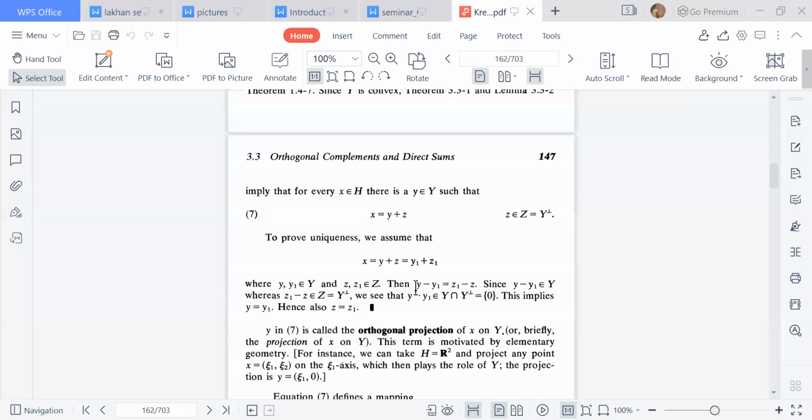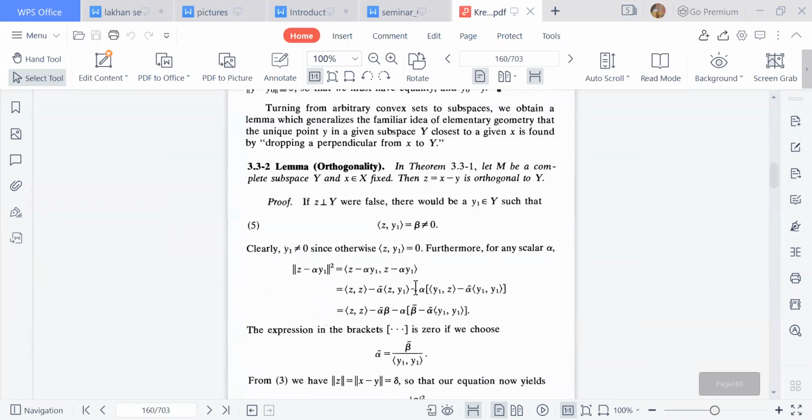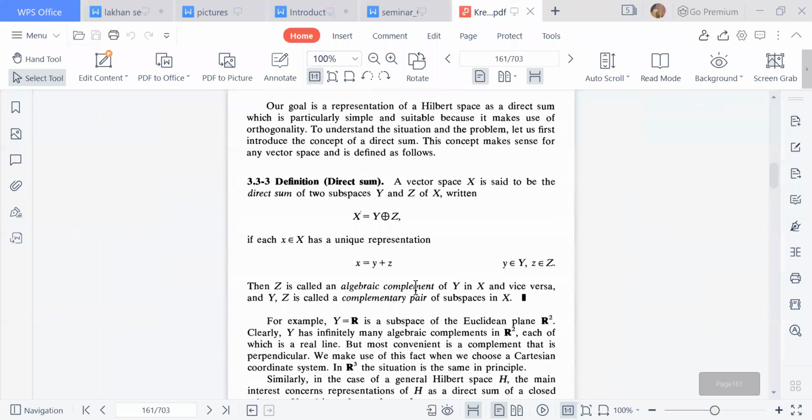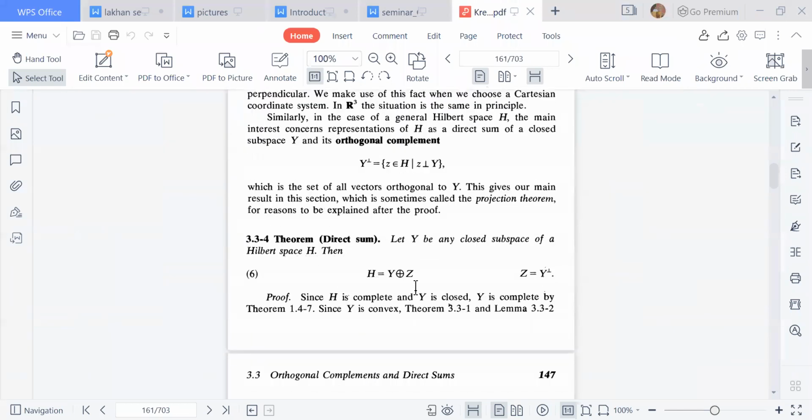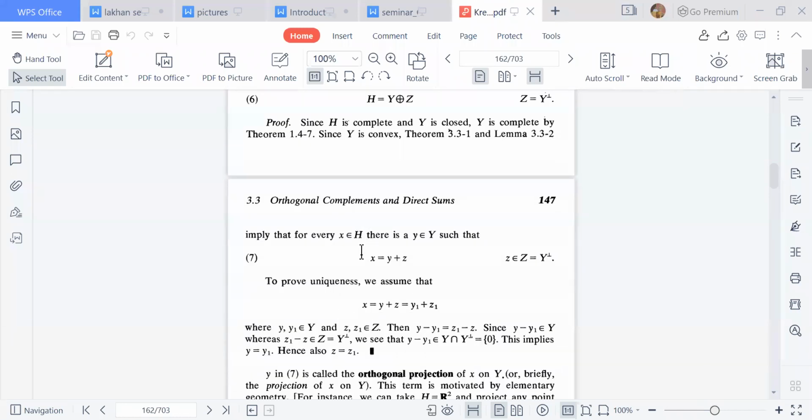And in next theorem we have seen that z is equal to x minus y is orthogonal to Y. For every small x belongs to capital H, there is y belongs to capital Y such that x is equal to y plus z, z belongs to capital Z is equal to Y complement.